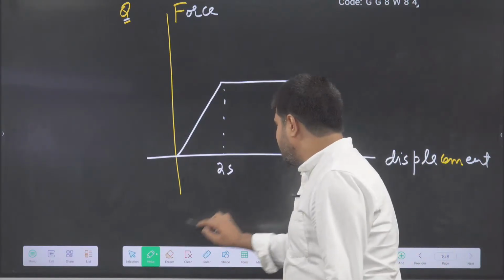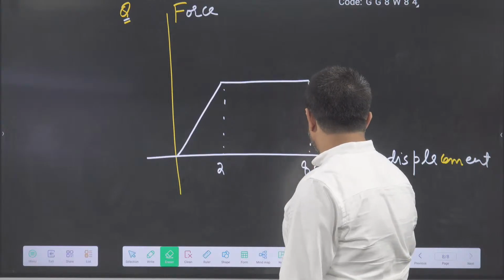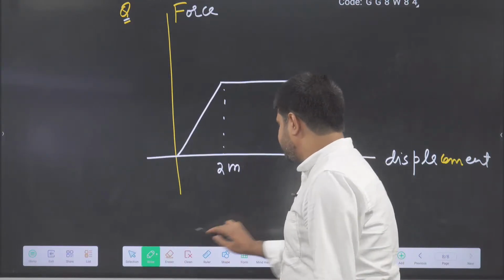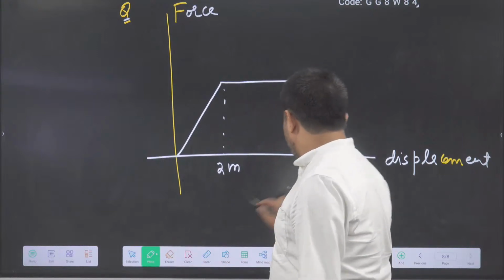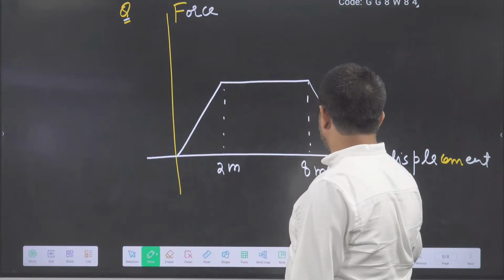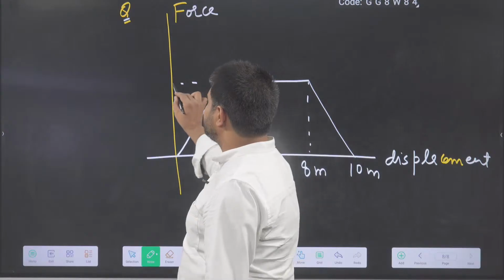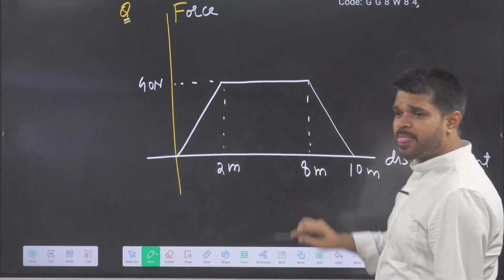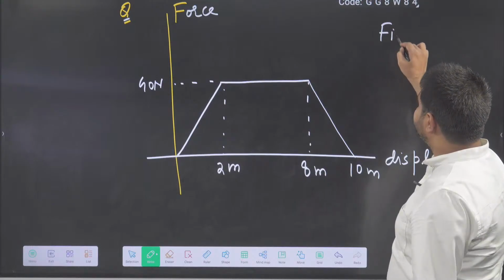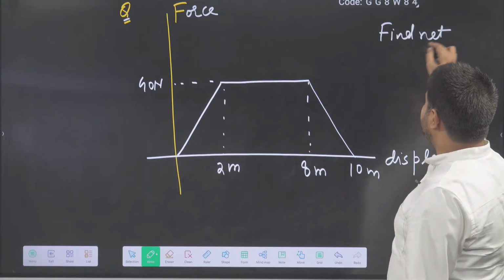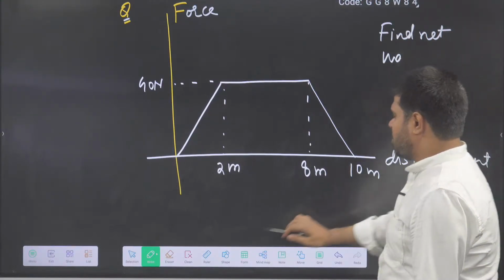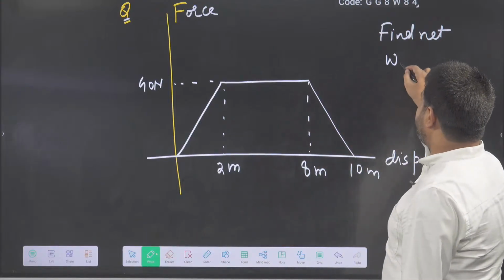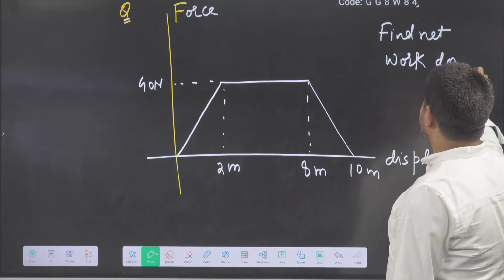No, it could not be in second. Displacement will be in meter. So 2 meter, 8 meter, 10 meter, and the force here is 40 Newton. Find the net work done.